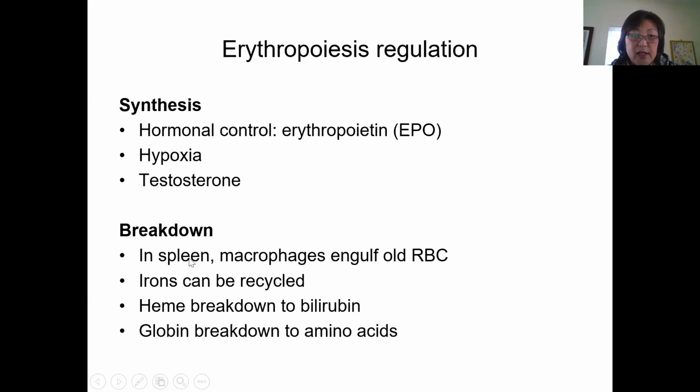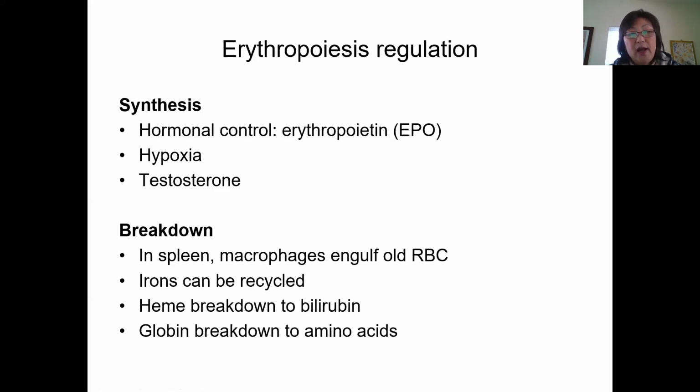In terms of breaking down RBCs, if the RBCs are old, they can be broken down in the spleen, and most of the iron can be recycled and reused. And the heme group will break down, okay? Once you extract the iron out, the heme group can be broken down into a material called bilirubin. The bilirubin has a color, kind of a dark brown color, okay?